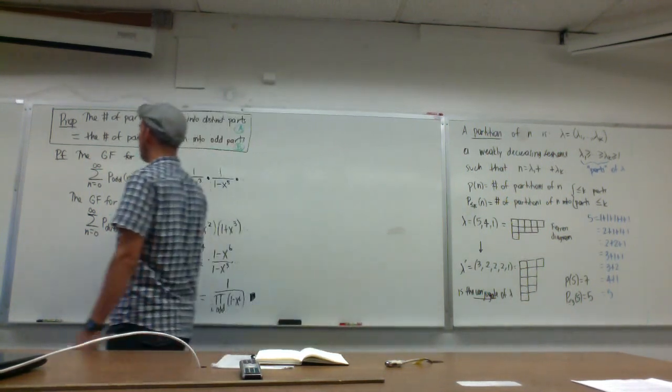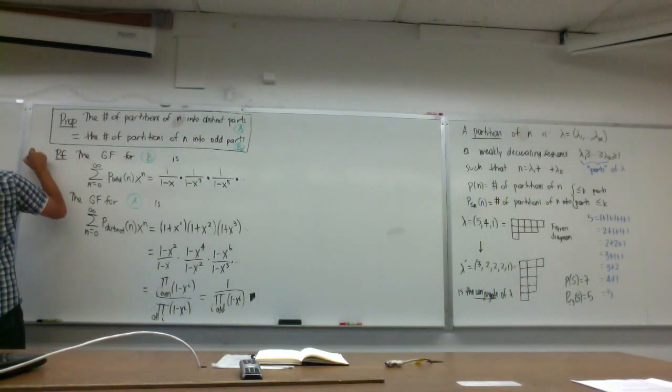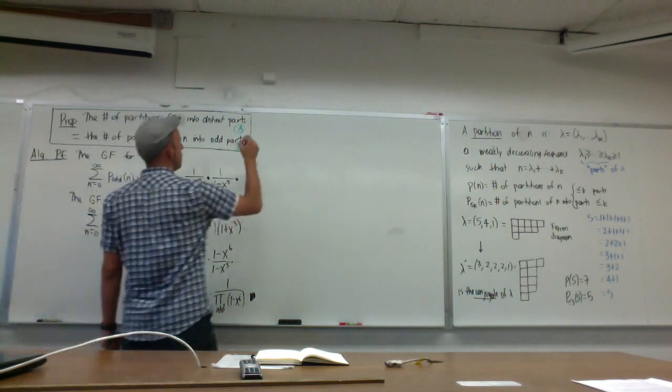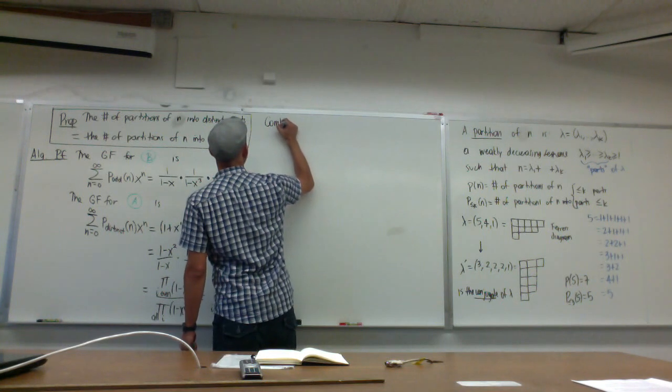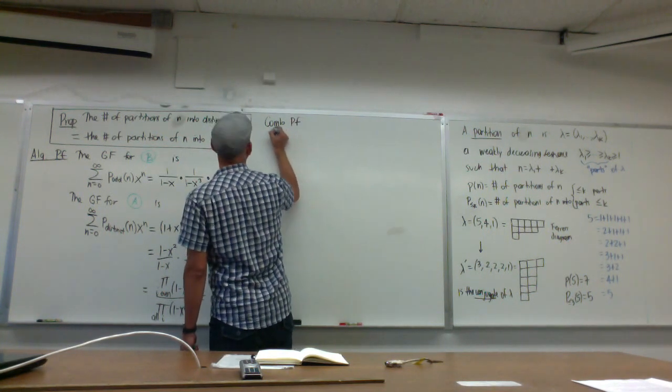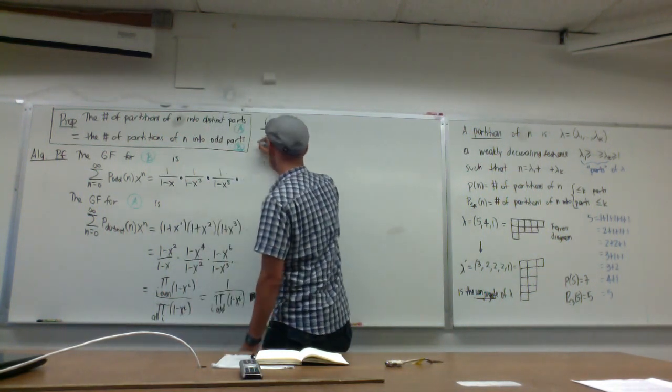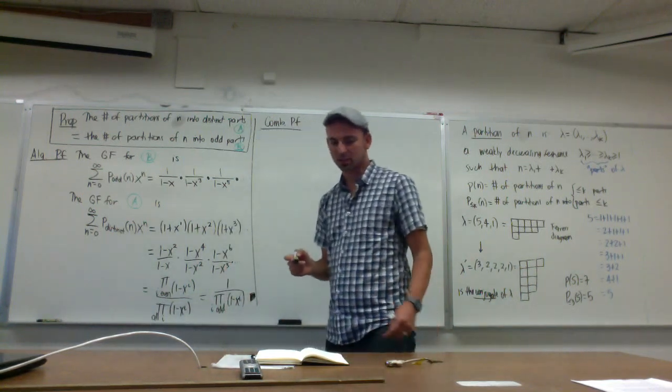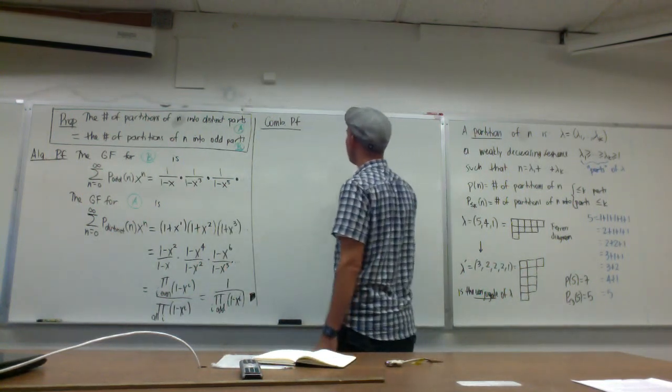So this was an algebraic proof, and now let's do a combinatorial proof, by giving a bijection. Okay?